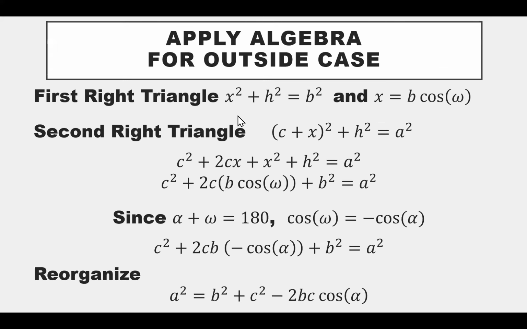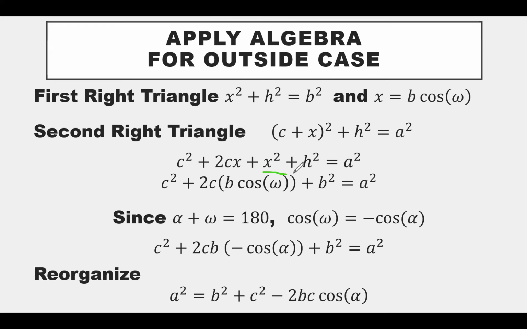Once again, we're going to apply some algebra for this case. The first right triangle says x squared plus h squared is equal to b squared, and x is equal to b times cosine of omega. The second right triangle says quantity c plus x squared plus h squared is equal to a squared. When I multiply out c plus x squared, that would give me c squared plus 2 times c times x plus x squared. And then we have plus h squared is equal to a squared.